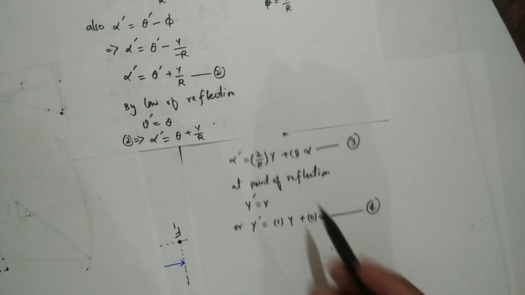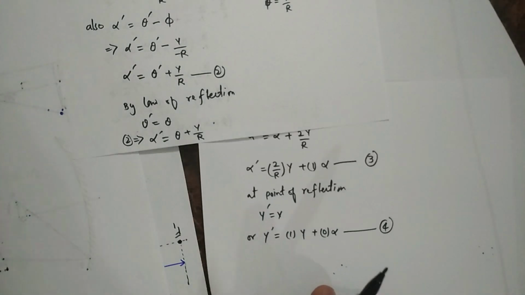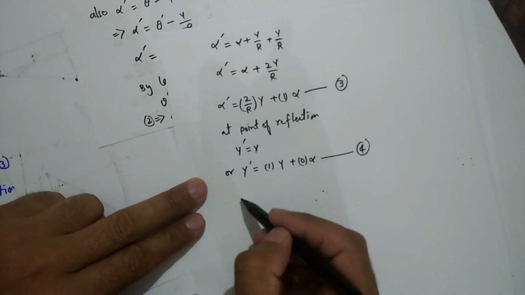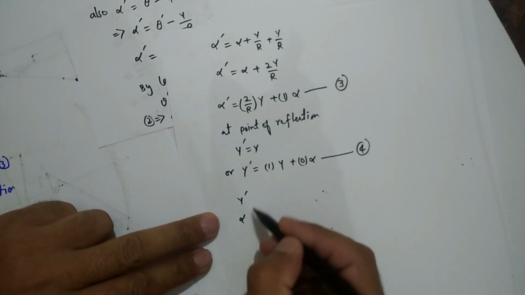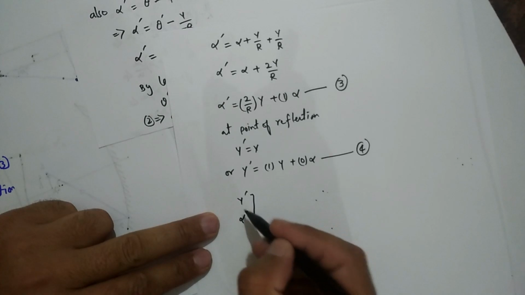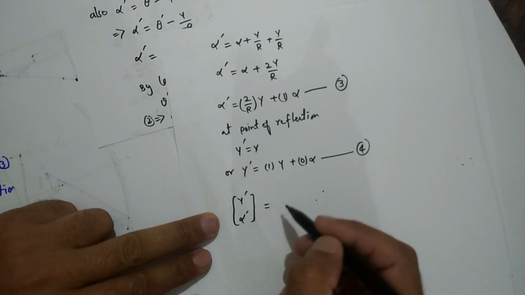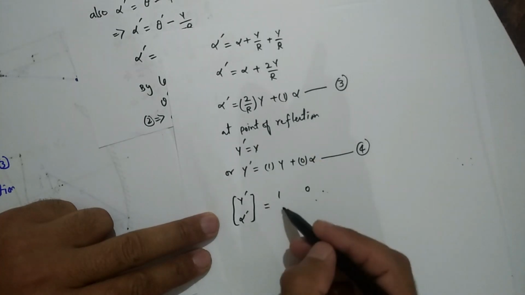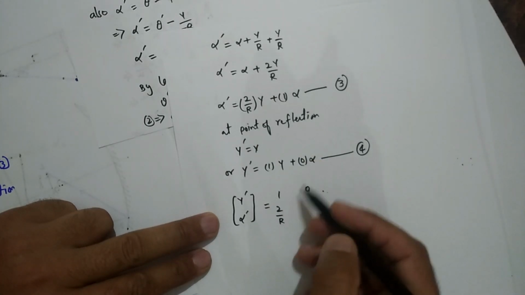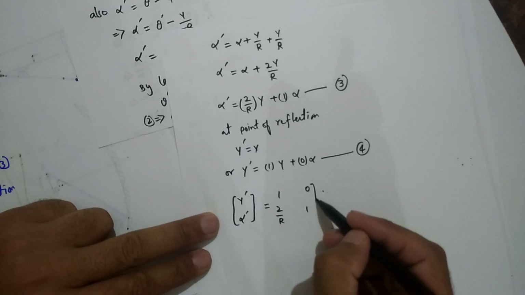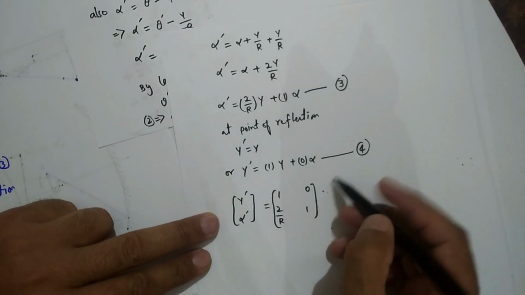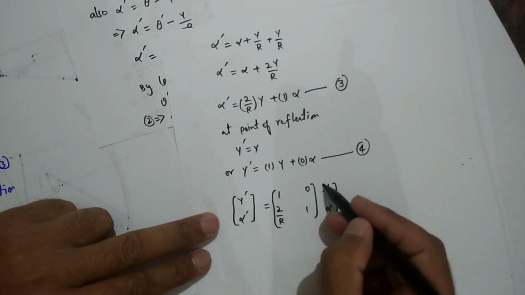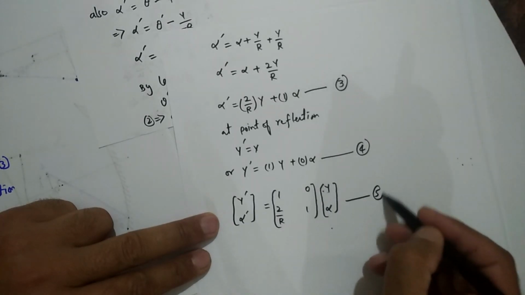Now we can write these two equations in the form of a matrix. Therefore y prime, alpha prime is equal to the matrix 1 0, 2 upon r 1, multiplied by y, alpha. This is equation number 5.